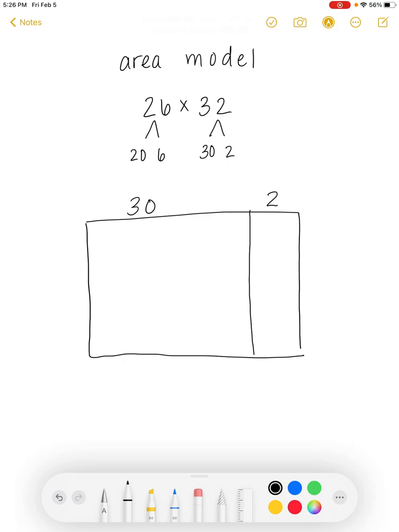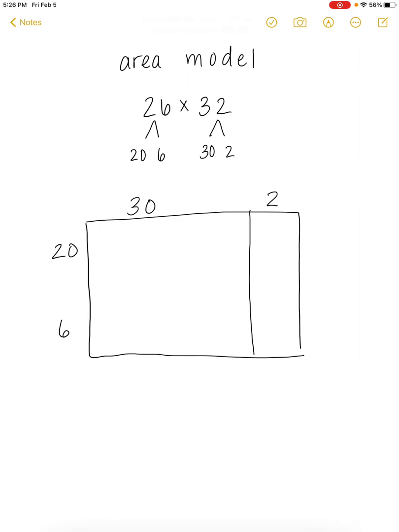And then along my width, I've got 20 and 6. And I'll draw a line there too. Just to make this easier for kids, it can be helpful to label both sides of the rectangles. So I know I have 32 on top. I will on the bottom as well. I know I have 26 on the left, so I'll have it on the right as well.